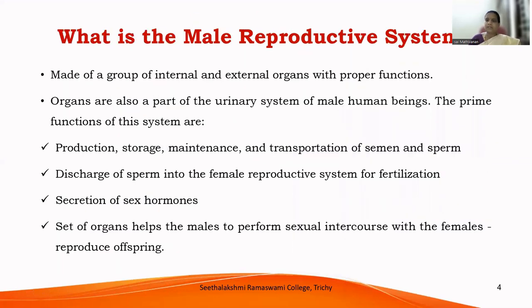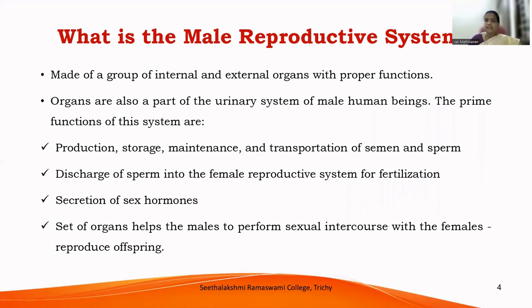What is the male reproductive system? It is made of a group of both internal and external organs with proper functions. These organs are also a part of the urinary system of male human beings. The primary functions of this system are the production, storage, maintenance, and transportation of semen and sperm.